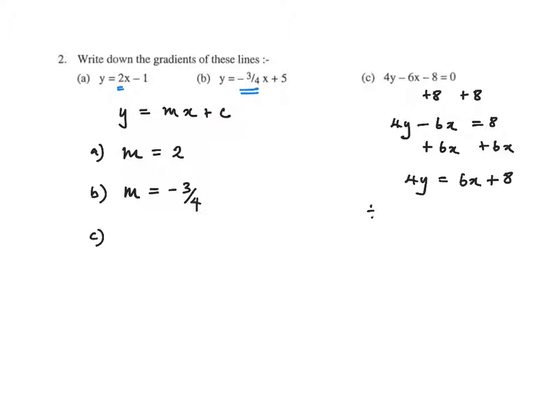I'm going to divide by 4 because I want to get 1y. 8 divided by 4 is 2, and really I want to simplify the fraction as well. So the gradient of line C is 3 over 2.